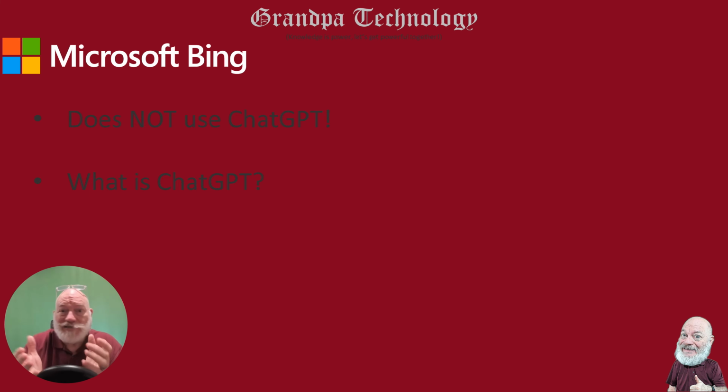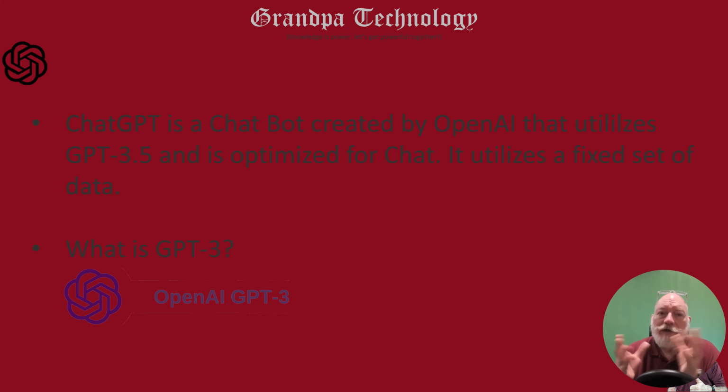And the more that we can understand around something, the better off we are. Okay, so what is ChatGPT might be a good question right now. ChatGPT is a chatbot. It's an application that was created by OpenAI. It utilizes a technology called GPT, happens to utilize GPT 3.5. Since it's a chatbot, it has been optimized for chat.